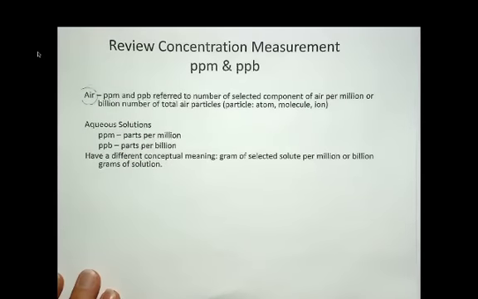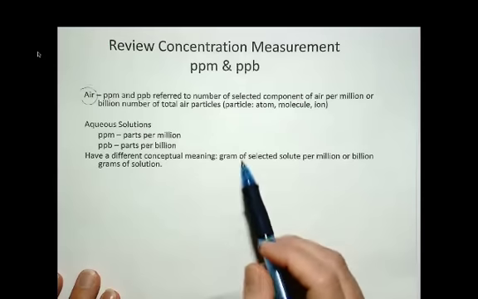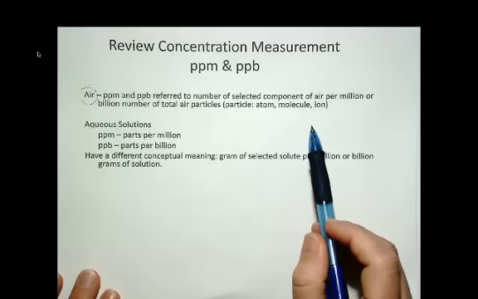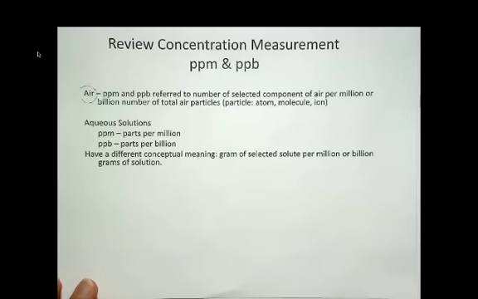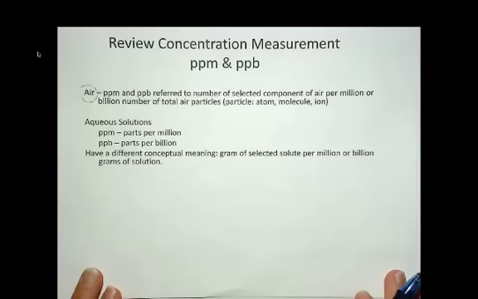And in the context of air, ppm and ppb refer to the number of selected components of air per million or billion, if it was ppm or ppb, number of total air particles. And the particle in that case was an atom, a molecule, or an ion.